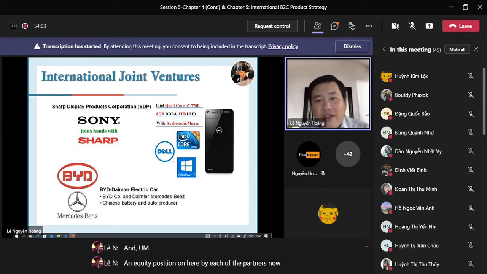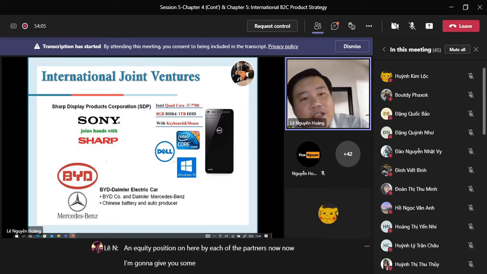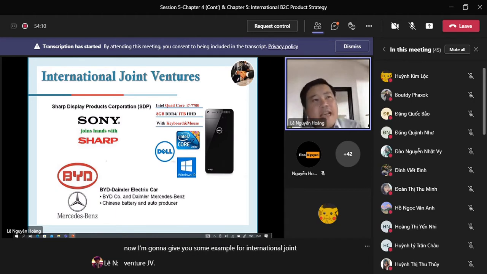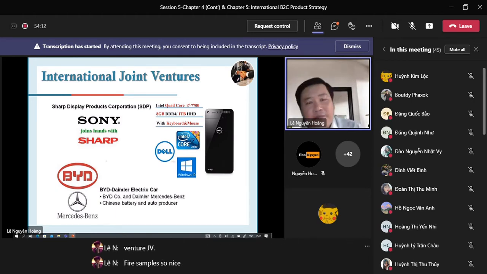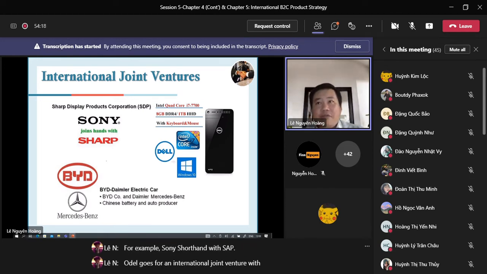Now I'm going to give you some examples of international joint ventures. For example, Sony joins hands with SAP, or Dell goes for an international joint venture with Intel to introduce their smartphone, or BYD and Daimler go for an IJV with Mercedes-Benz to produce Chinese batteries and other spare parts in China.